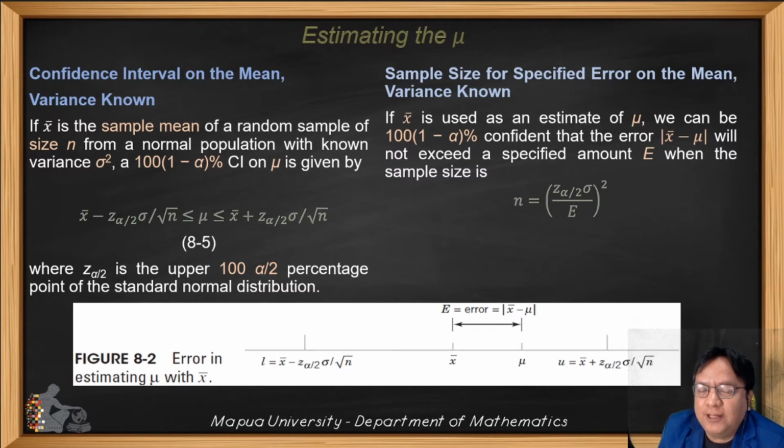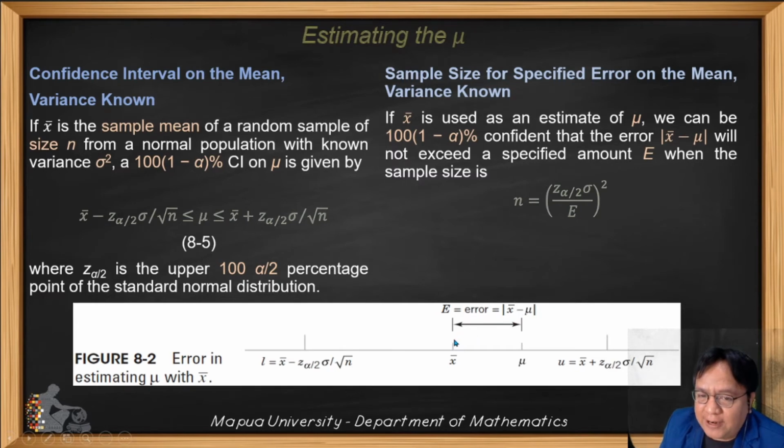So if you want to estimate the sample size, you use the z value times sigma over E quantity squared. And we usually round up this value. We intend to have a whole value for the sample size.